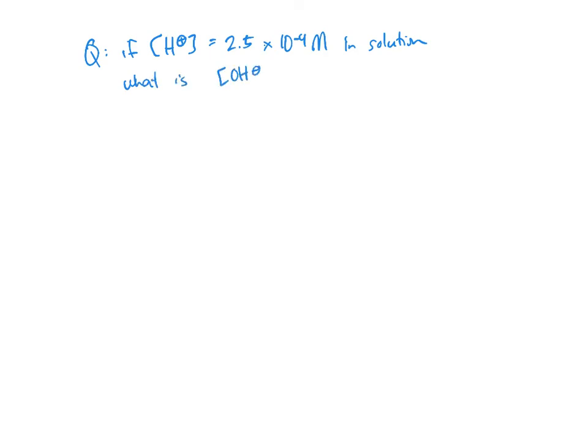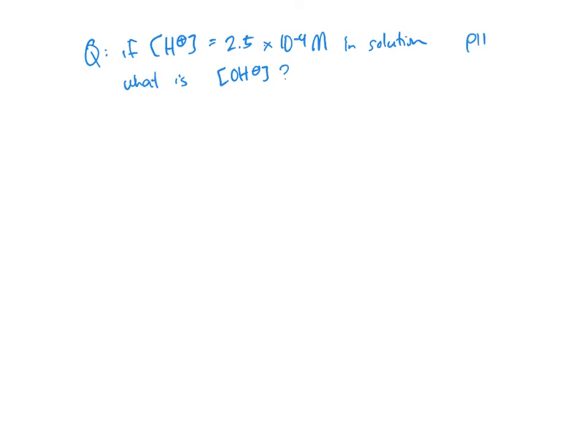The last thing I'd like to show you is how to solve a question like: if the proton concentration is 2.5 times 10 to the minus 4th molar in solution, what is the concentration of hydroxide ions?